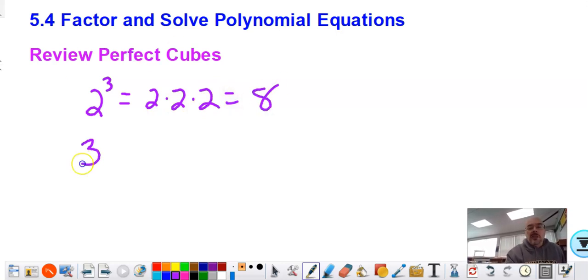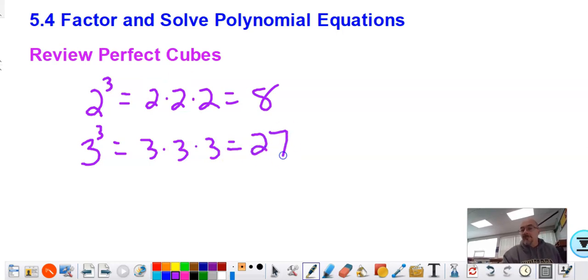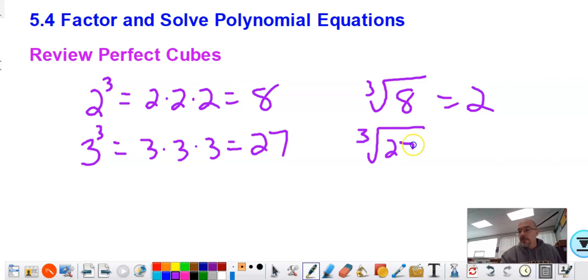Okay, 3 cubed, 3 times 3 times 3, which is 27. So 8 is a perfect cube. 27 is a perfect cube. And when you do a cubic root, it looks like this. The cubic root of 8 is 2. The cubic root of 27 is 3.